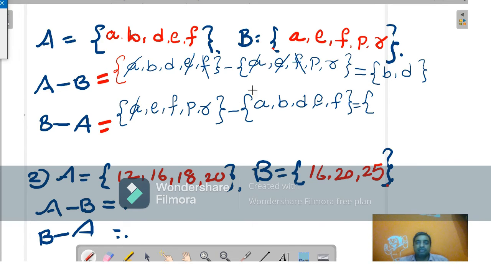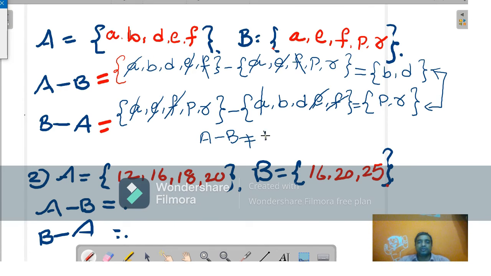A is common, remove it. E is common, remove it. Any other? F also common, so remove it. What are the elements left in the first set? P, R. See this, if you observe these both, here B and D, here P and R, both are not the same. Hence we can say A minus B is not equal to B minus A.